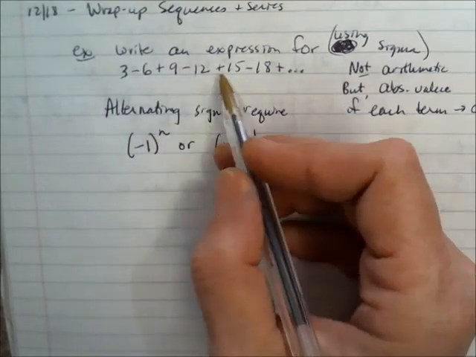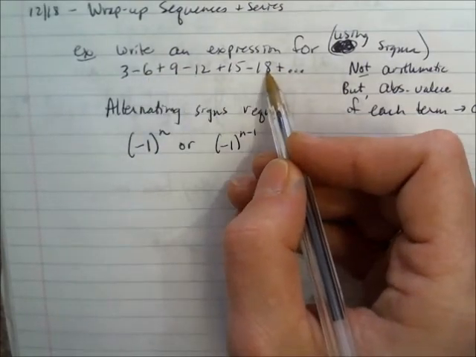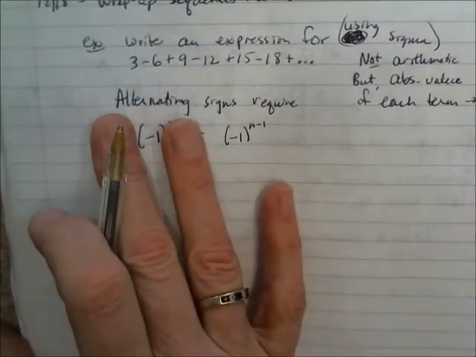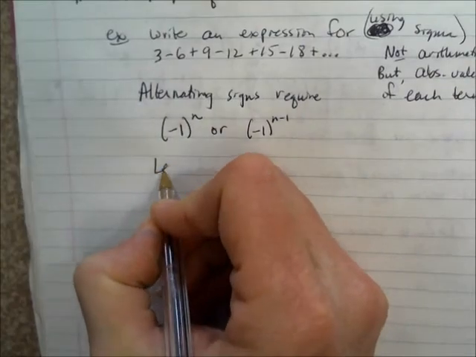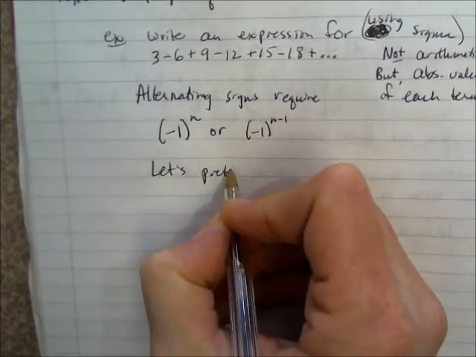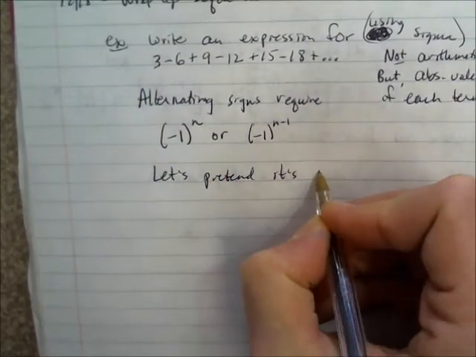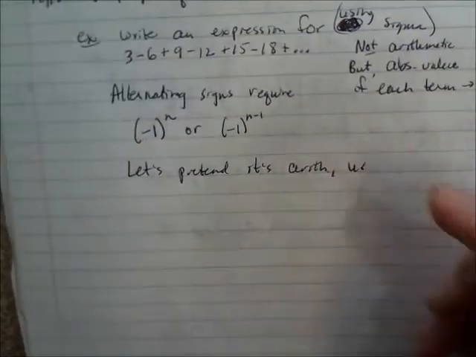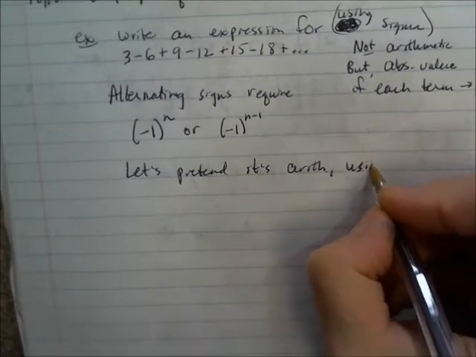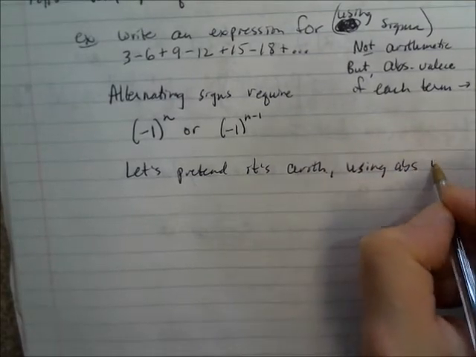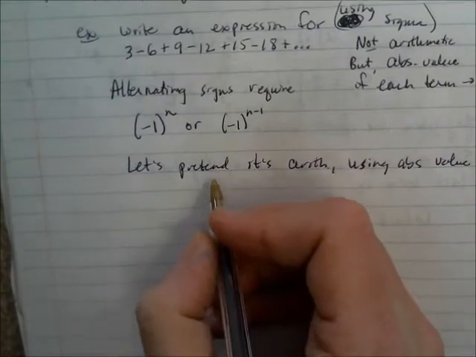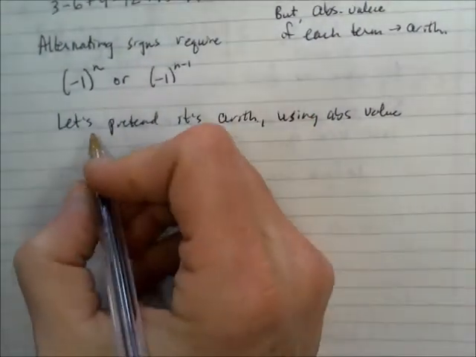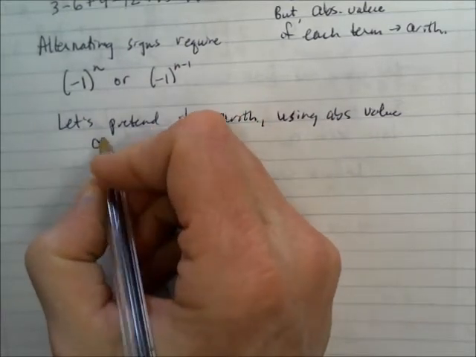So what we're going to do is we're going to set up an expression for this, pretending that this is absolute value, pretending that this is an arithmetic sequence. And we're pretending it's arithmetic by using the absolute value of each term.